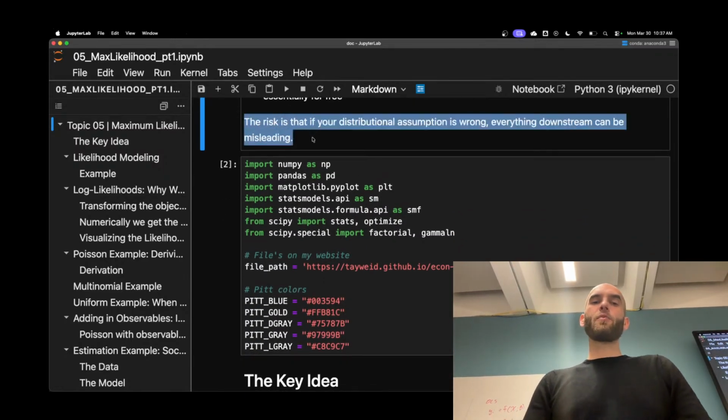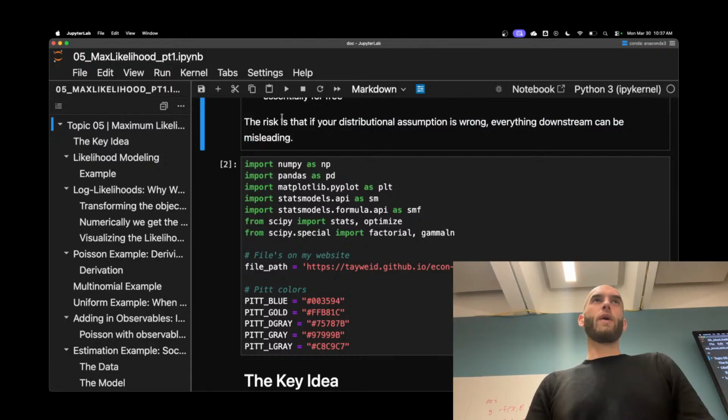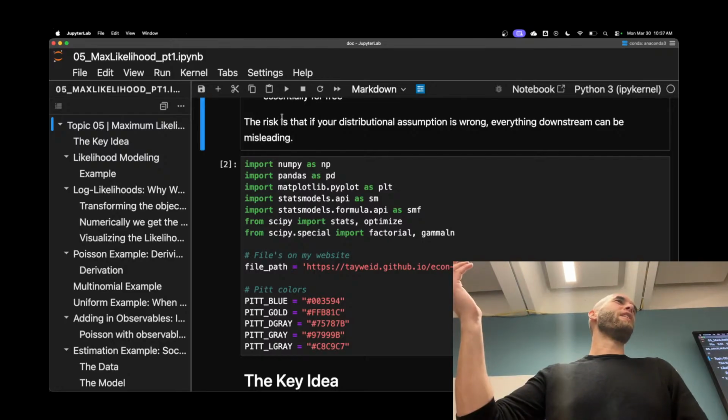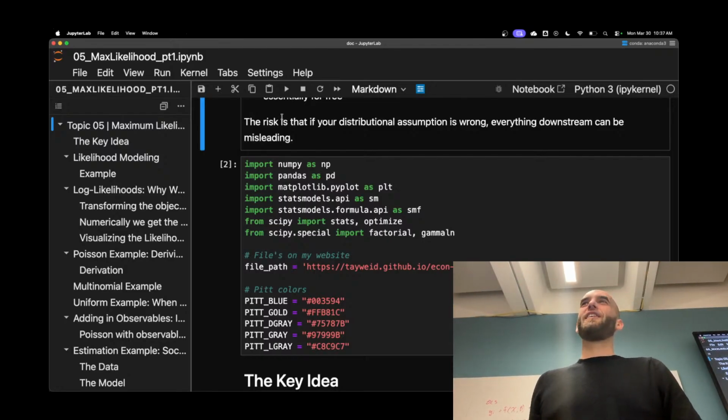But it's similar to what we did with Twitter data. If we get the model, like the distribution, wrong, this can really make, what's the right word?